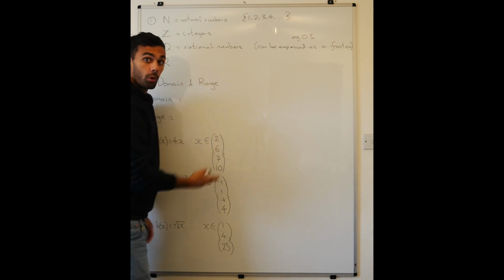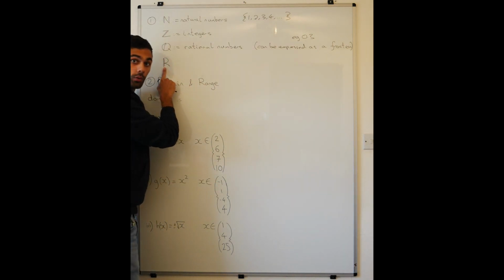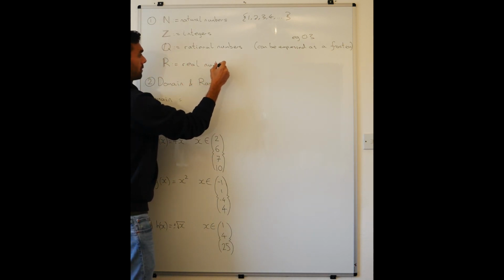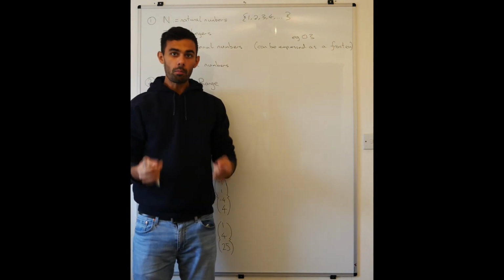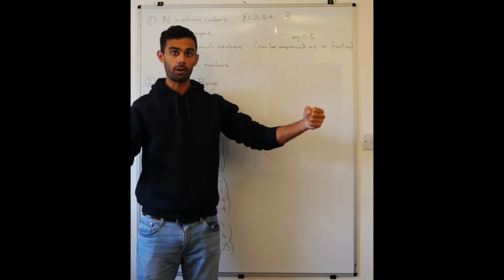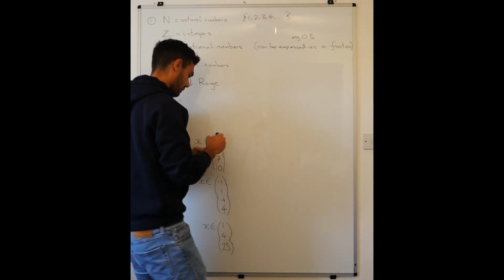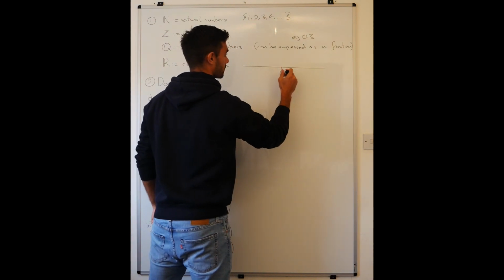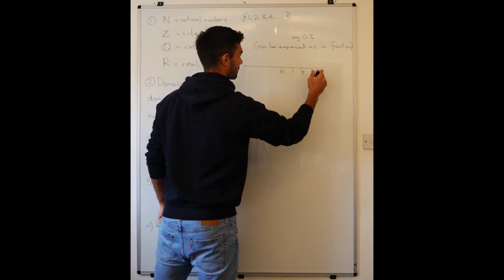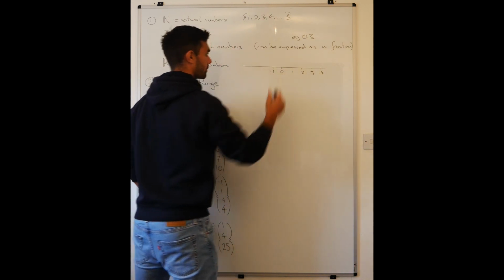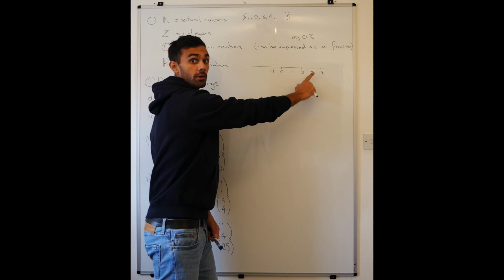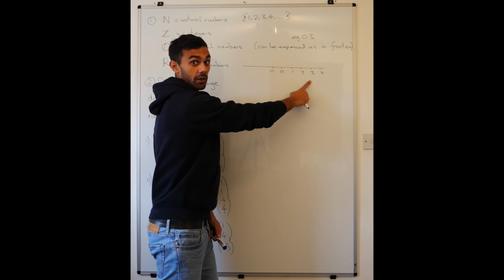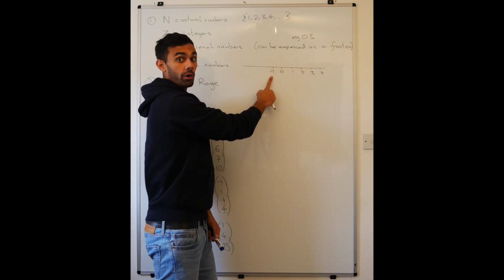Lastly, and this is most common for what we're going to use throughout this chapter, is the real numbers. A number is real if you can find it on the number line. I'll show you what I mean. For example, here is my real number line, and you can clearly find a heap of integers on here, so all of these numbers here are real.